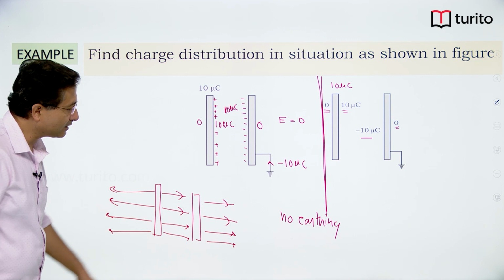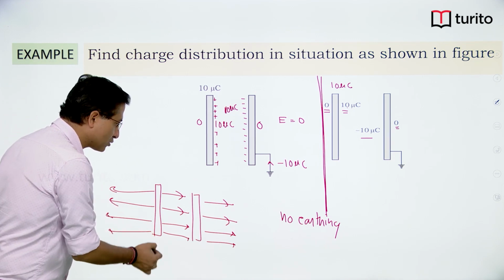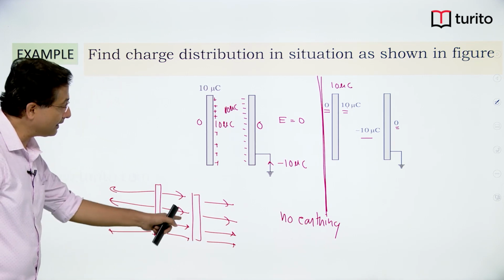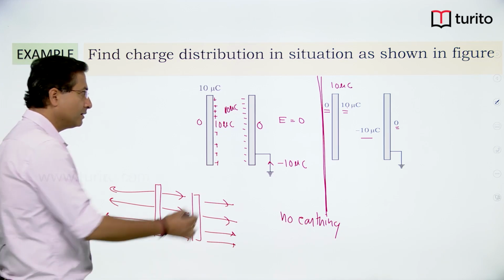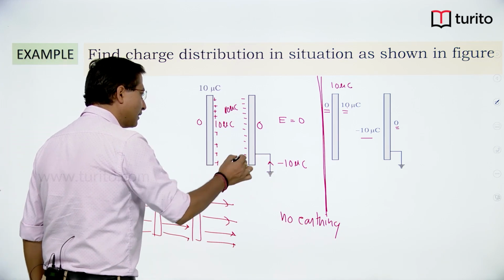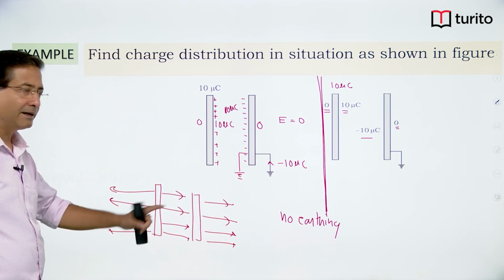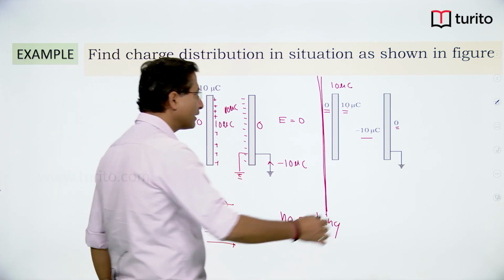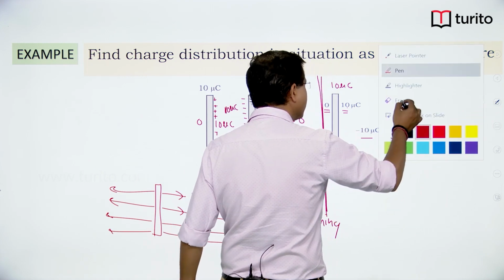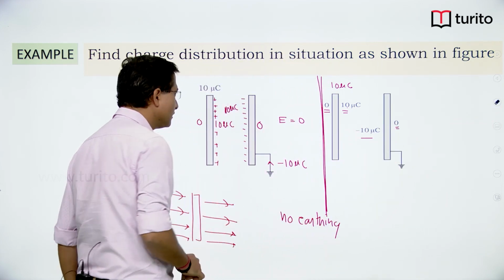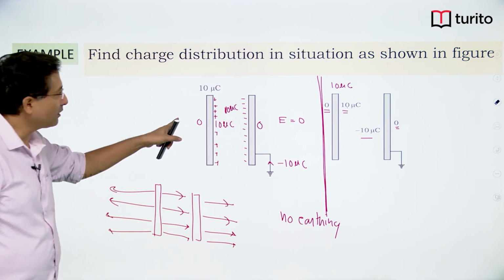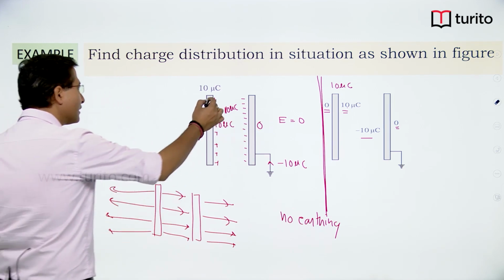As soon as you connect it to earth, this one or this one, any of the plates, any of the surfaces, earthing can be done this way also, right. Any of the surfaces you connect to earth, immediately this side and this side field will become 0, field will be there only this side.